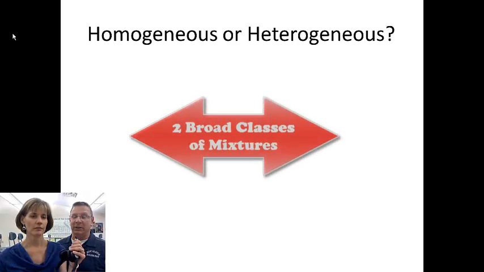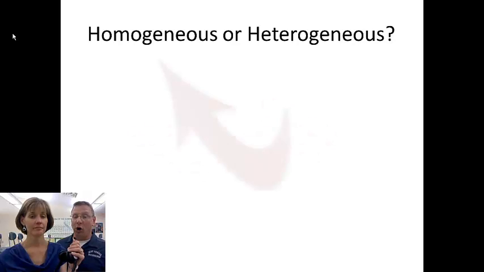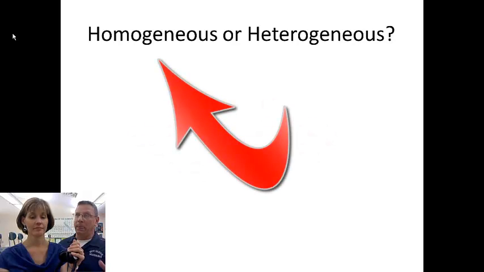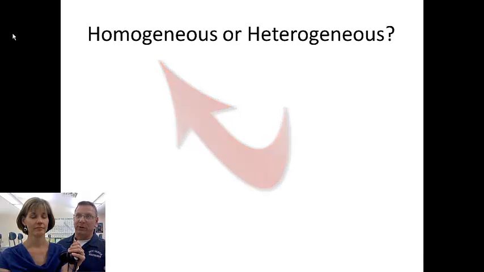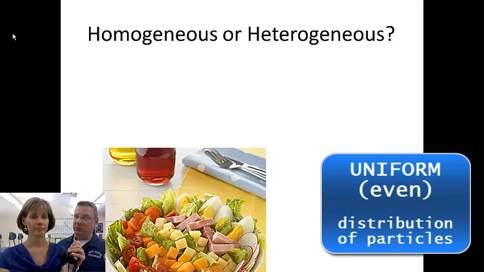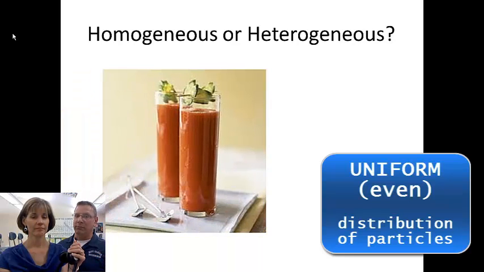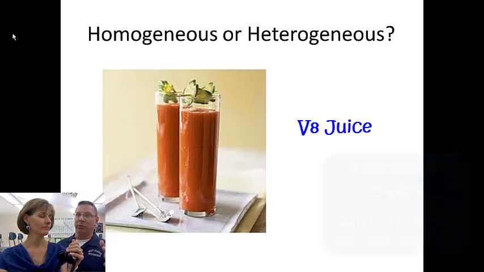So we've got two broad classes of mixtures. There's homogeneous mixtures and heterogeneous mixtures, and there's a big difference between the two. Homogeneous mixtures are uniform throughout. There's an absolutely even distribution of all of the components of a mixture everywhere.